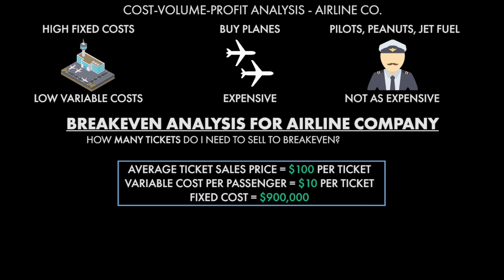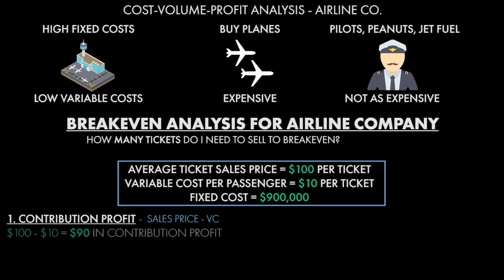The first step is to find the contribution profit. Remember, contribution profit is just the sales price minus our variable costs. So $100 sales per ticket minus those $10 it costs to service those people, those variable costs, gives us $90 in contribution profit. The next step is to find contribution margin, which is just that contribution profit divided by our sales.